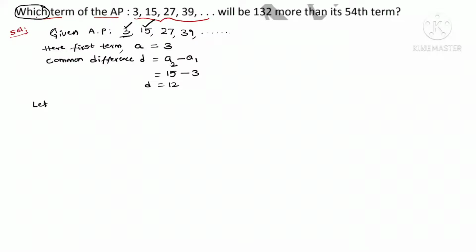Let the nth term. We don't know the number of the term, instead of which term, that's why we are assuming it as the nth term of the given AP.